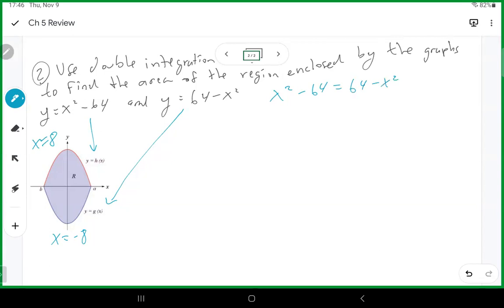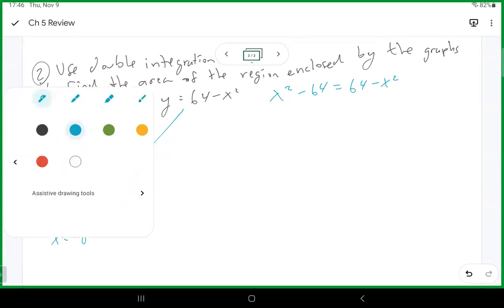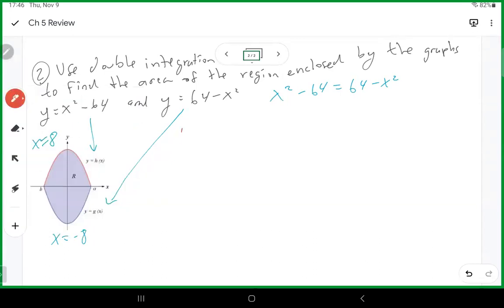Find the area A of the region R using Fubini's theorem for x simple regions. So we would have A equals the double integral over R of dA, so -8 to 8, and then from x squared minus 64 to 64 minus x squared dy dx.